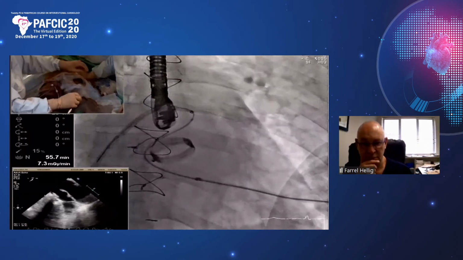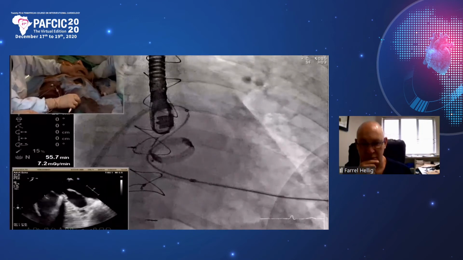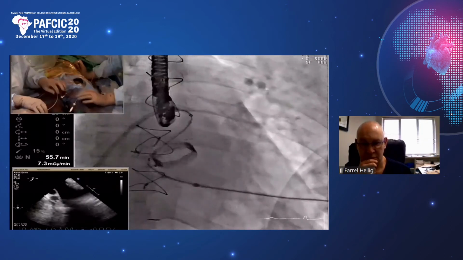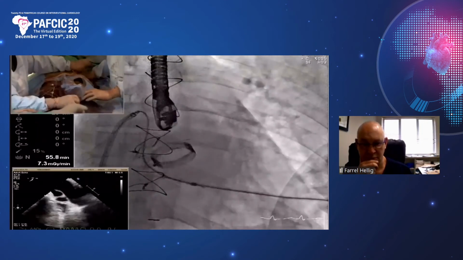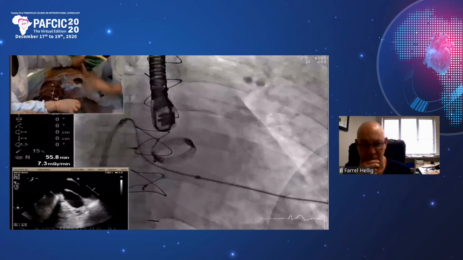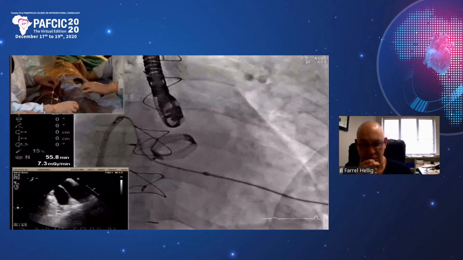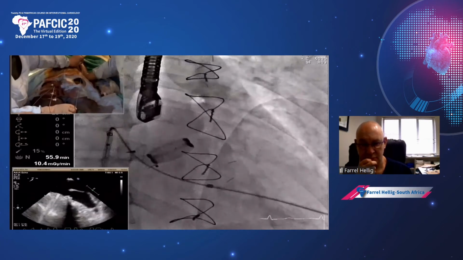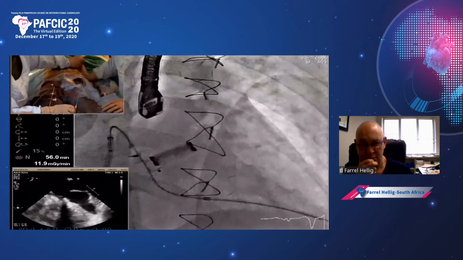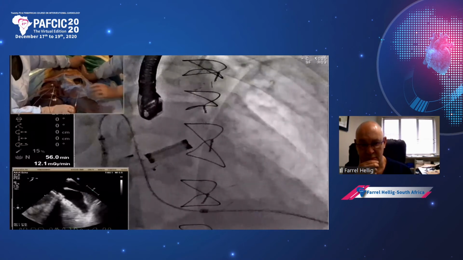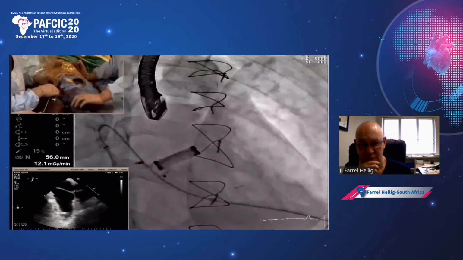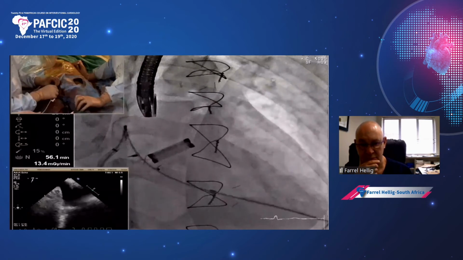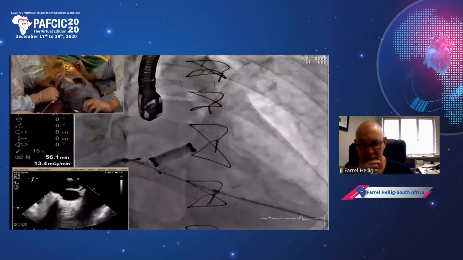You've got it tight. Yeah, I hold it tight. Turn and I can start to pull. Just turn this. Just pull. Yeah, just start pulling. That's great.